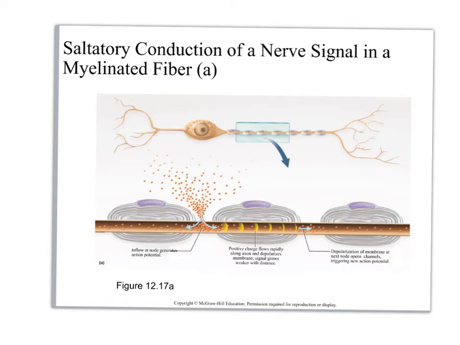And then you can see the Schwann cell here, and it's been wrapped super tight so that you have multiple layers of plasma membrane, and then the cytoplasm and the nucleus get squished off to the side and form the neurolemma.